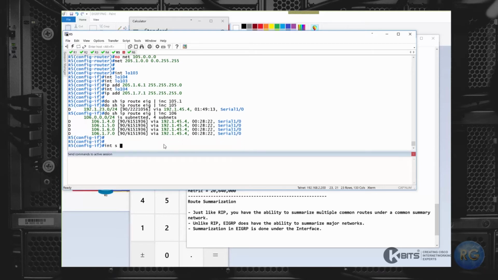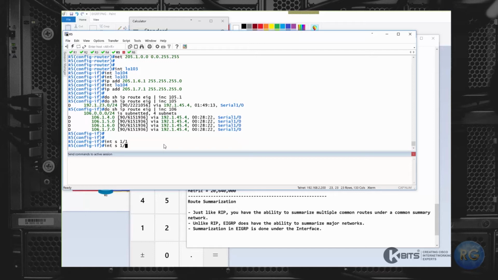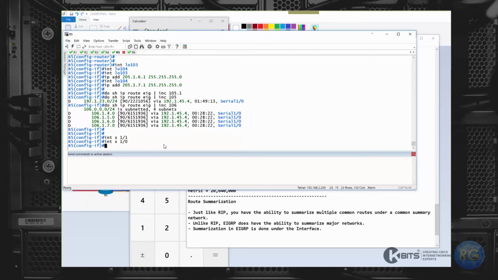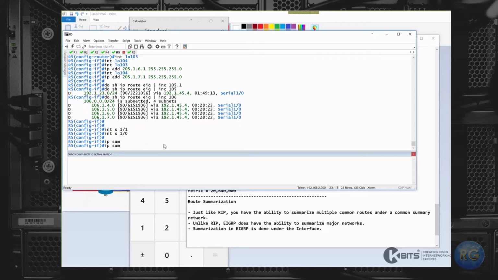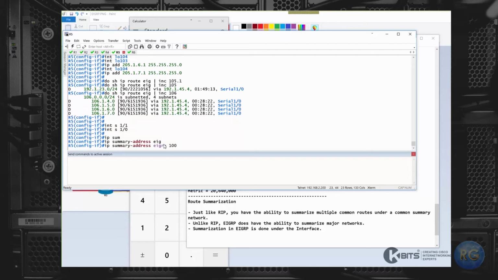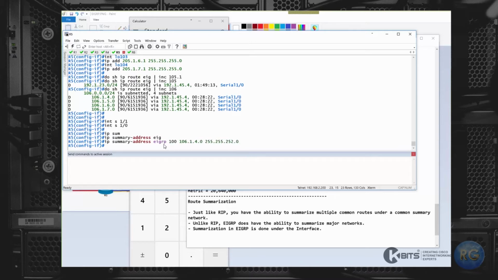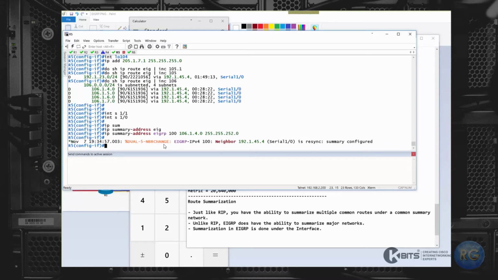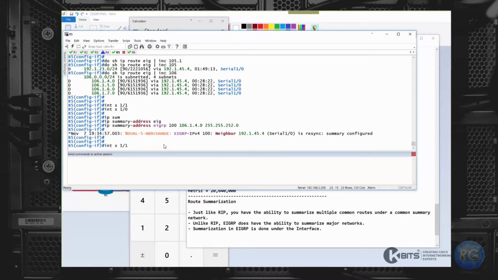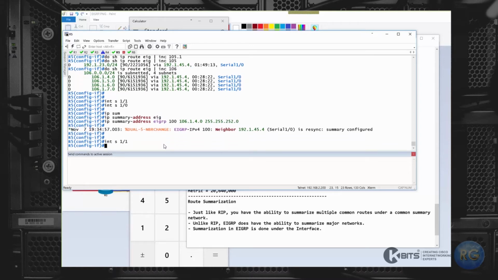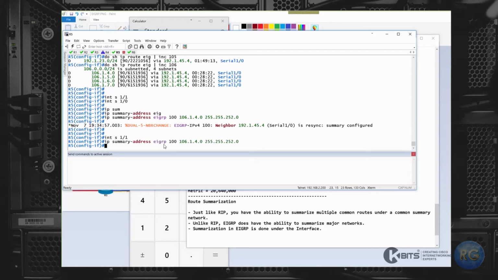Go under the interface, IP summary address, EIGRP 100. This is summarizing 106.1.4.0, exactly the same mechanism that I used yesterday. I'll do the summary on the other interface as well. So I'm setting the summary address both ways.